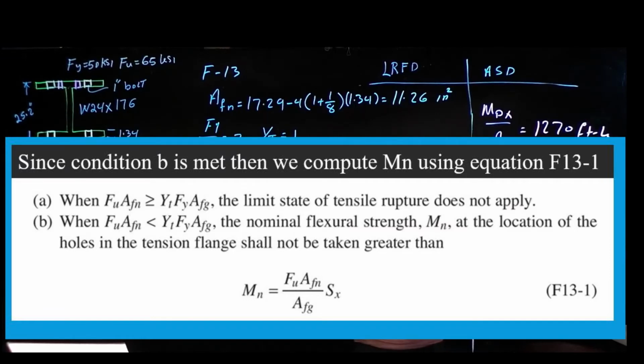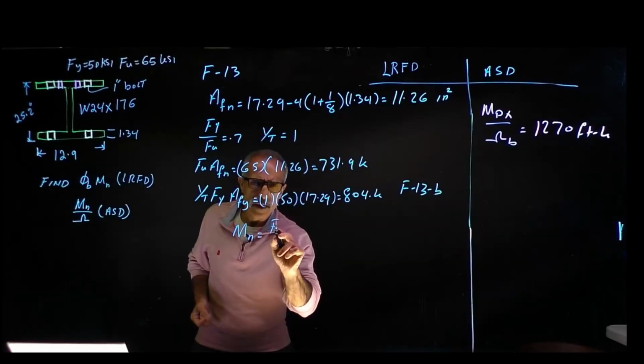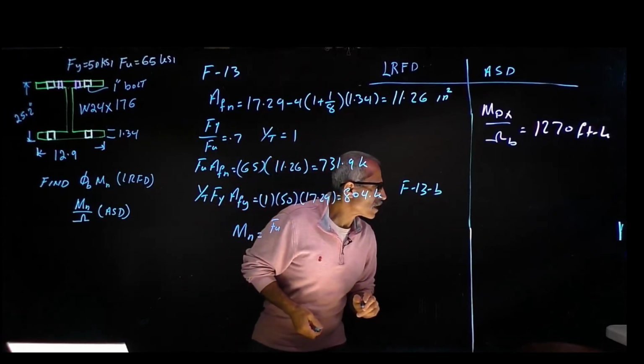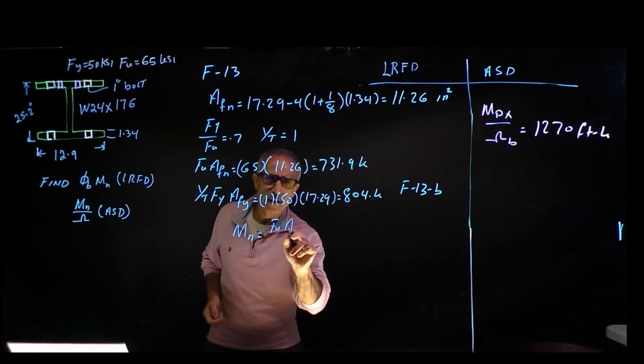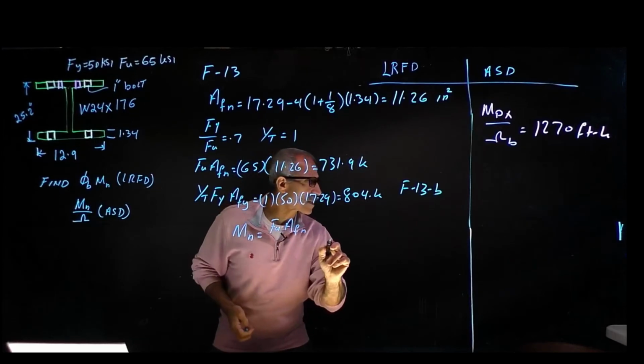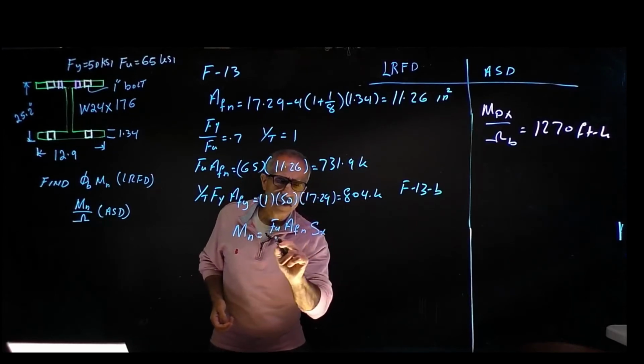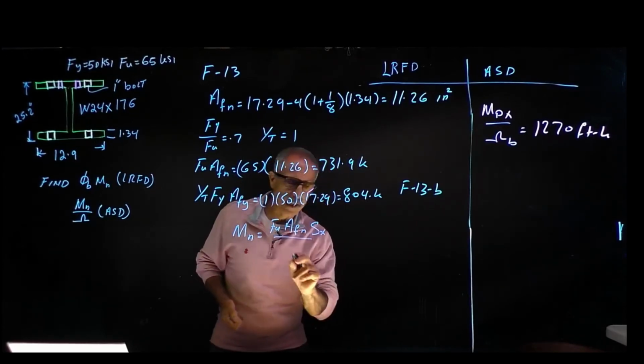The nominal flexural strength Mn at the location of the hole in the tension flange shall not be taken greater than Mn equals Fu times AFN times SX divided by AFG.